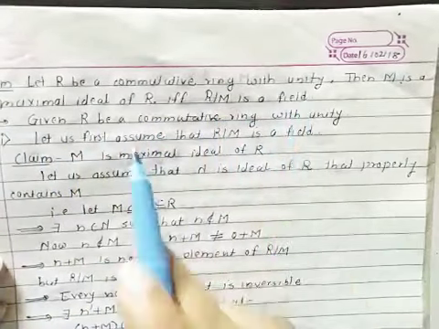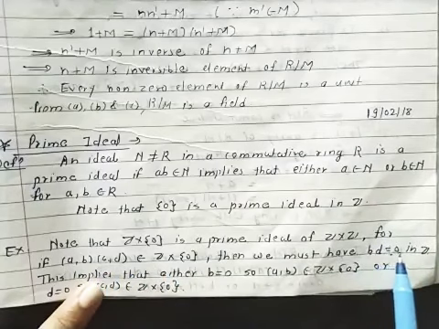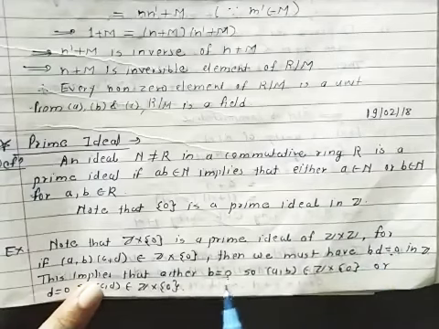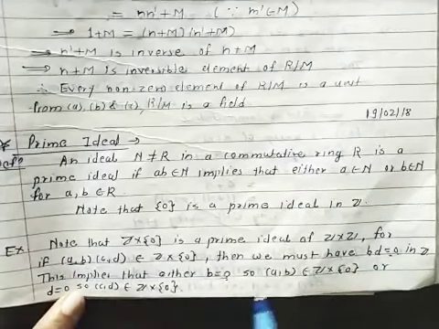Now this product belongs to Z cross 0. What is this product? (ac, bd) belongs to Z cross 0. It means bd is equal to 0. Now bd is equal to 0 in Z. The product is 0, so definitely either b is 0 or d is 0. If b is 0, then the element (a,b) belongs to Z cross 0.